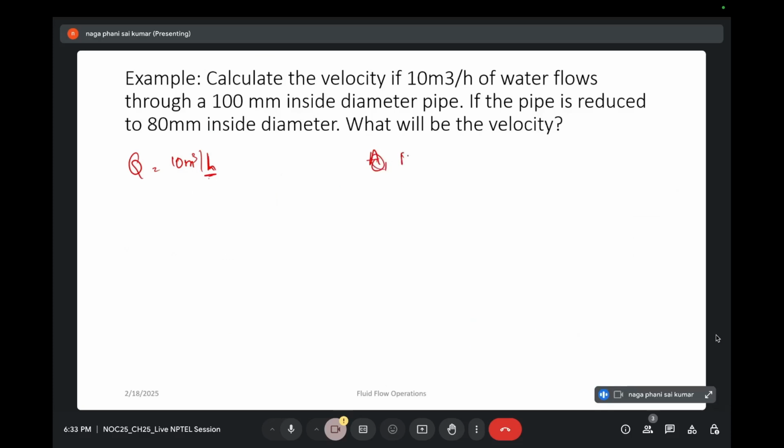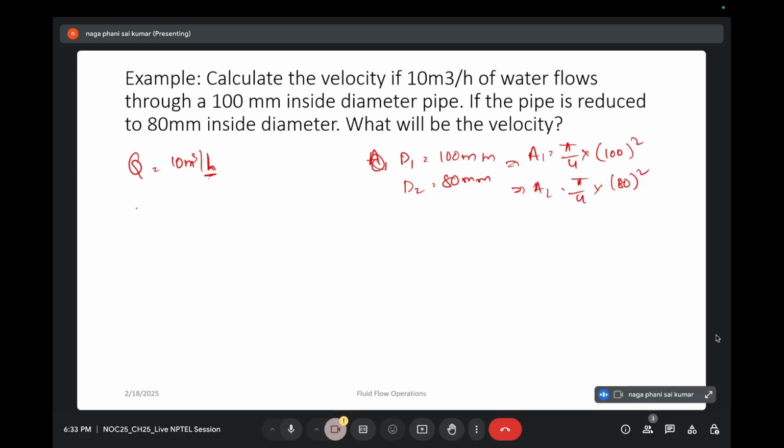We were given D1 as 100 mm and D2 as 80 mm. So A1 will be pi by 4 into 100 whole square, and A2 is pi by 4 into 80 whole square.